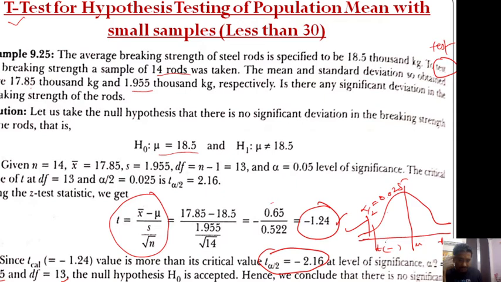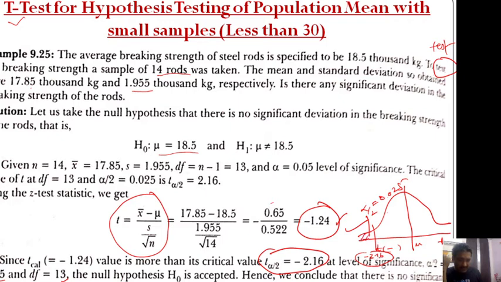For example, t alpha by 2, here your t is minus 2.16. This is your tabulated value, minus 2.16, because from this area you have checked the value of t from the table, 2.16 at alpha by 2.